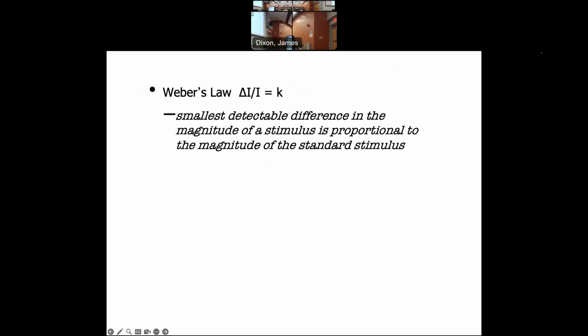Okay? And that's what this is saying, because the delta I, right, is the change in stimulus intensity, as a proportion of the original intensity, the standard intensity, what we were calling I1. Okay, and that constant is the same for different domains, and it holds pretty well within that domain. So for kinesthetic sense, there's a particular factor, which is called a Weber fraction, that is K. For light sensitivity, there's a different Weber fraction K. For auditory stimulation, there's another one, right?